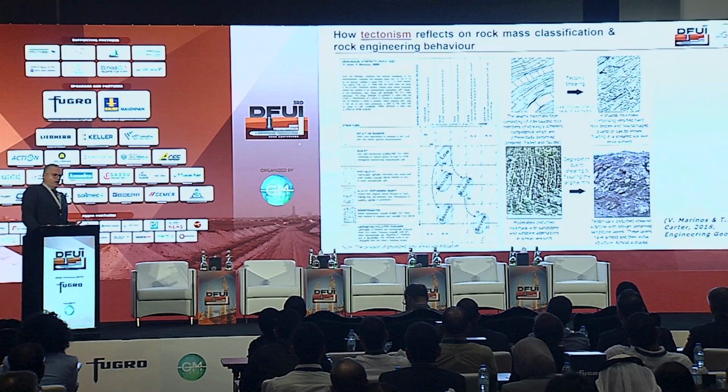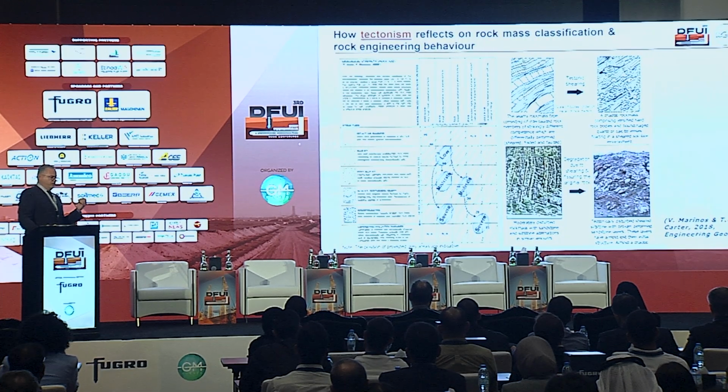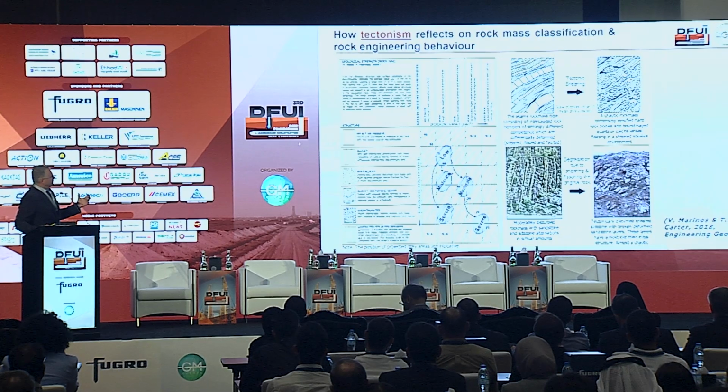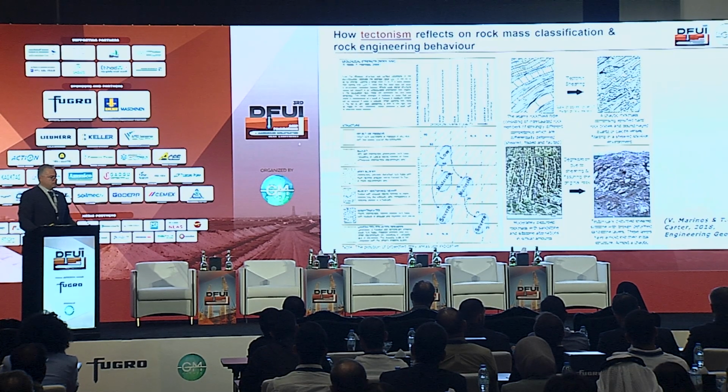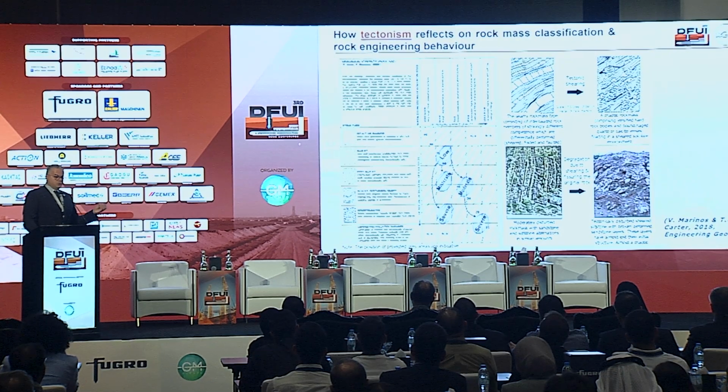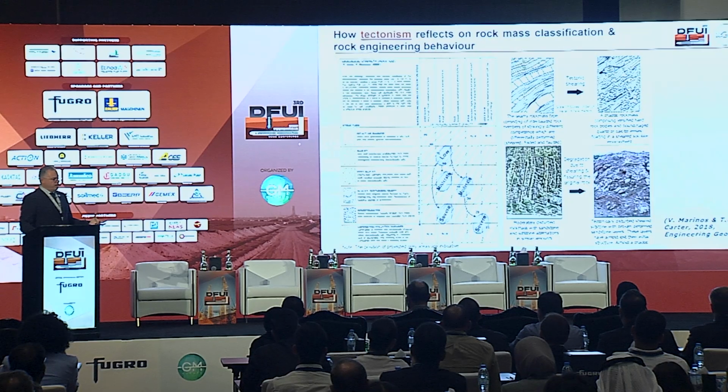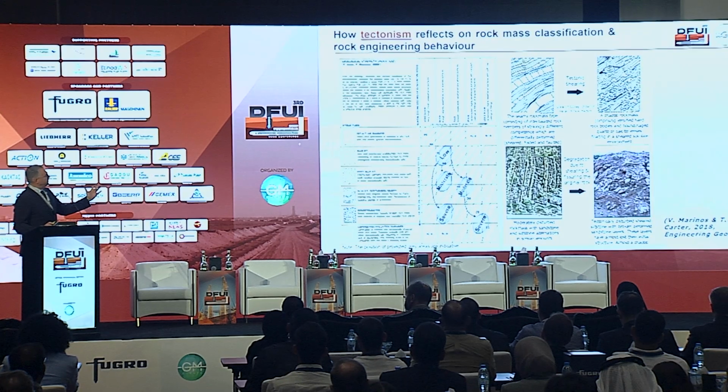Something that is more ductile, of a weaker nature in its origin, we can shift not only to the bottom due to the tectonic disturbance, but also to the right. So we can have poorer rock mass properties due to this lamination, due to this foliation of the rock mass. So you see this differentiation.